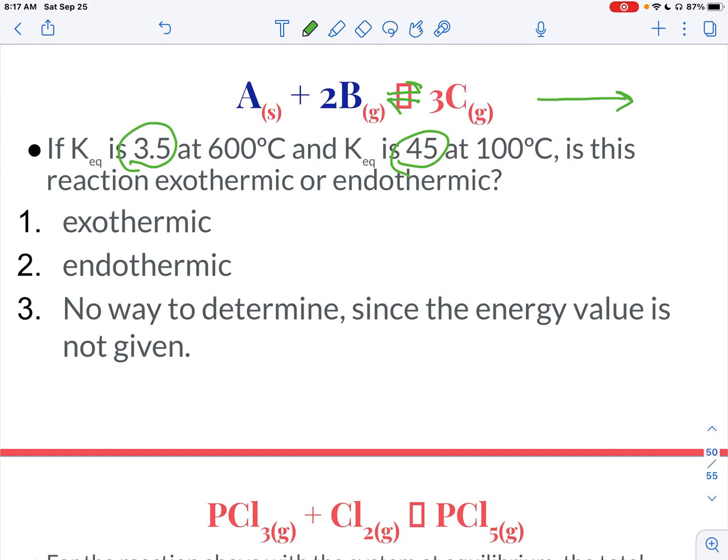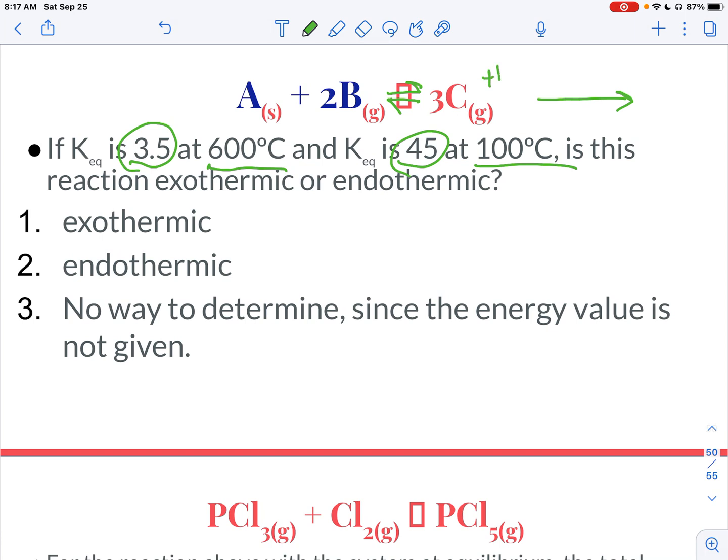So now let's take a look at what side of our reaction heat would be on. If we're favoring the products more after we cool it off, because we went from 600 to 100, that means we lost some heat, and that made us go towards the products more.